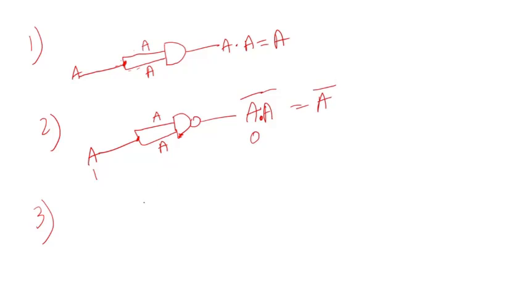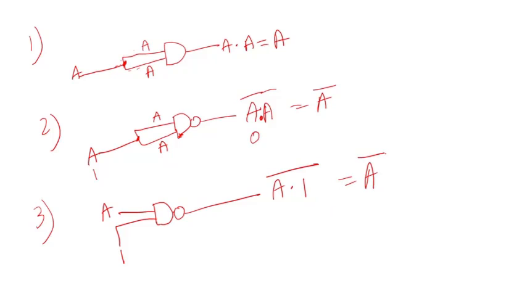So 3, if I have a NAND gate, so I have A and logic 1. So you have A and 1 with a bar on top of it, which is just A bar or A naught.